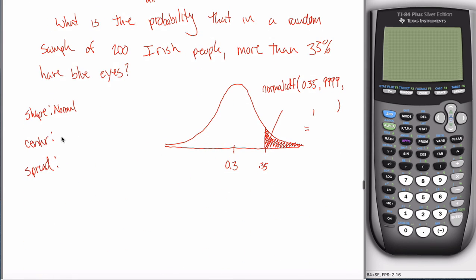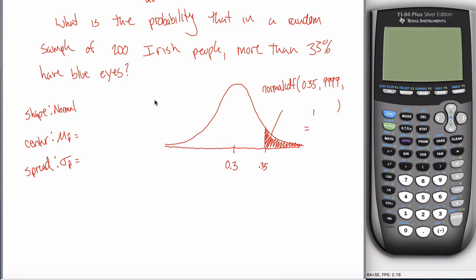So technically, and I'm not too hung up on this, I don't really care if you mess it up, the symbol for the center is mu sub p hat, and the symbol for the spread is sigma sub p hat. I'm not super worried about those symbols. I'm more worried that you can figure out what numbers those are equal to, because those numbers are going to go right here, and without those numbers, you can't answer this question.